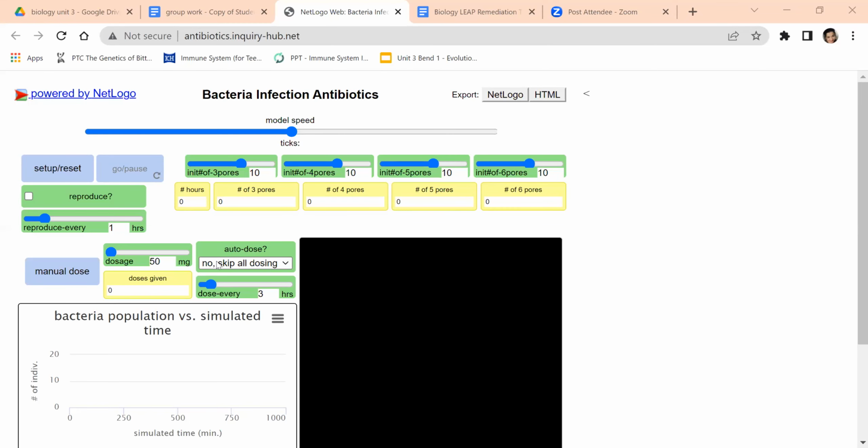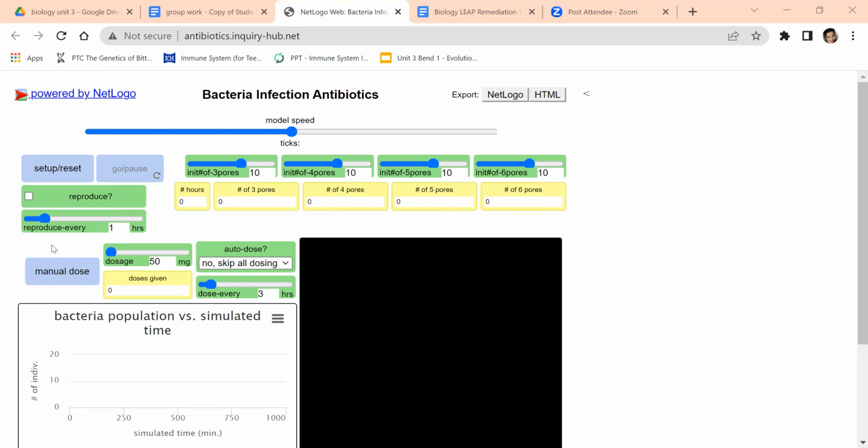We are going to start off our computer simulation with equal numbers of the different variations of the bacteria. So we're going to have 10 of the purple 3-pore bacteria, 10 of the green 4-pore bacteria, 10 of the 5-pore brown bacteria, and 10 of the 6-pore red bacteria.